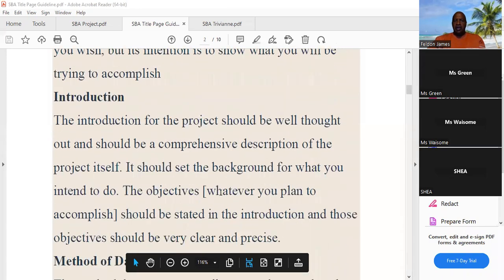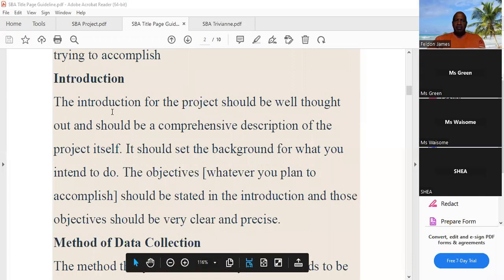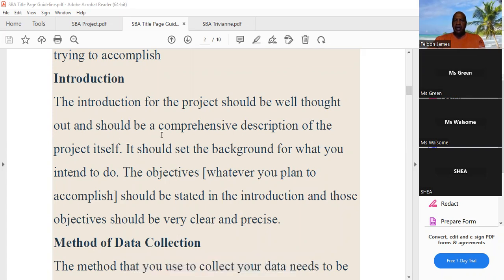Now, the introduction for the project should be well thought out and should be a comprehensive description. Everybody should know what that is, how to describe. A comprehensive description of the project itself. So in your introduction, you're going to give an overall description of what the project is.